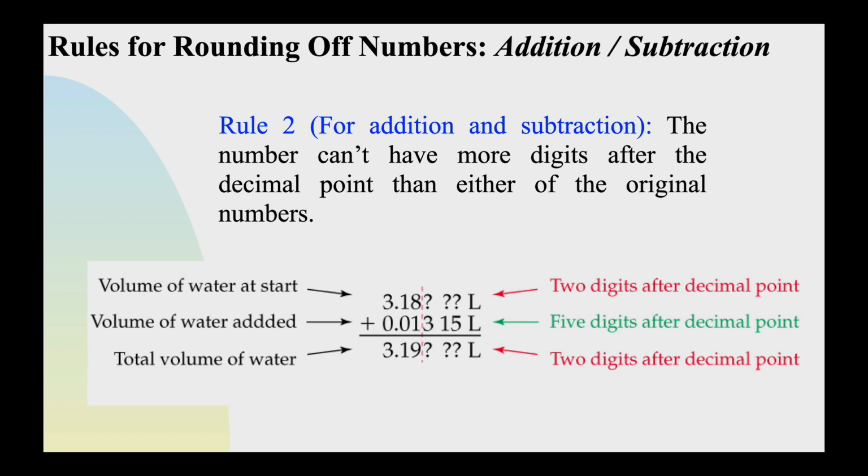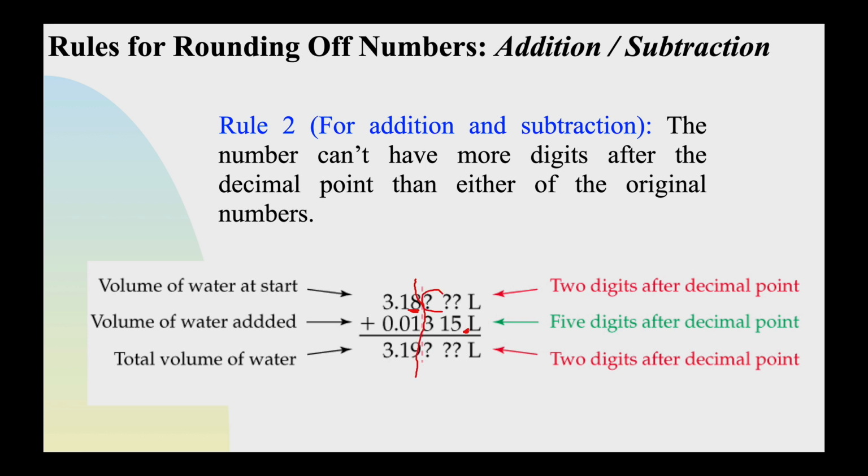The idea is you cut it off at the larger doubtful digit. So 3.18 stops at the hundredths spot, 2 decimals to the right. The other number stops 5 decimal places to the right of the decimal. So 2 decimals is bigger than 5 decimals, and we're going to cut this number off right there.